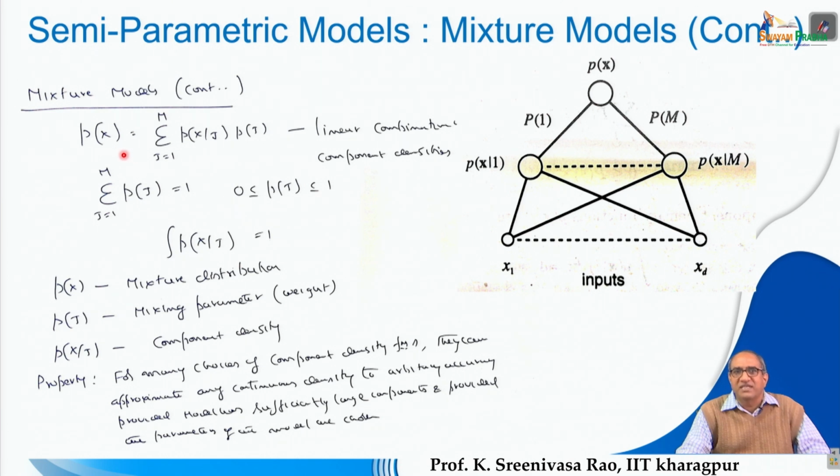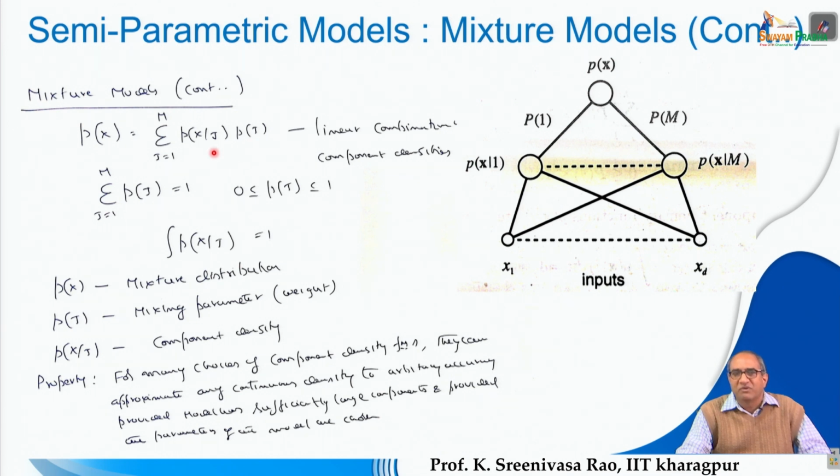And here the constraint is that the summation of P of j, the mixing parameters, over j equals 1 to m, equals 1. This is nothing but the prior probabilities. It is somewhat relevant to the Bayes theorem, where this is the class conditional density and this is the prior probability.